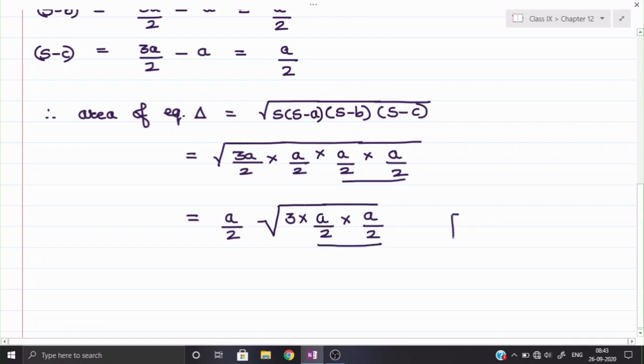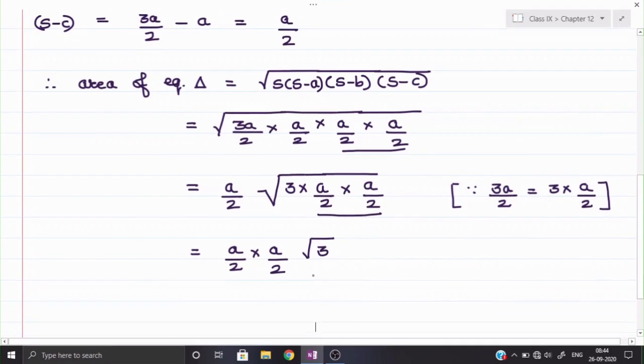Here I have written 3a upon 2 is equal to 3 into a by 2. That way I can write down here, okay. Now one more pair of a by 2 is complete, that will also come out. So a by 2 into a by 2, and what will remain inside the square root, that is under root of 3.